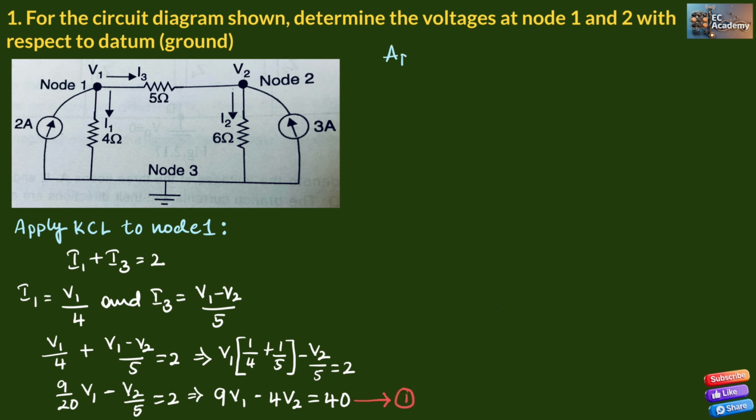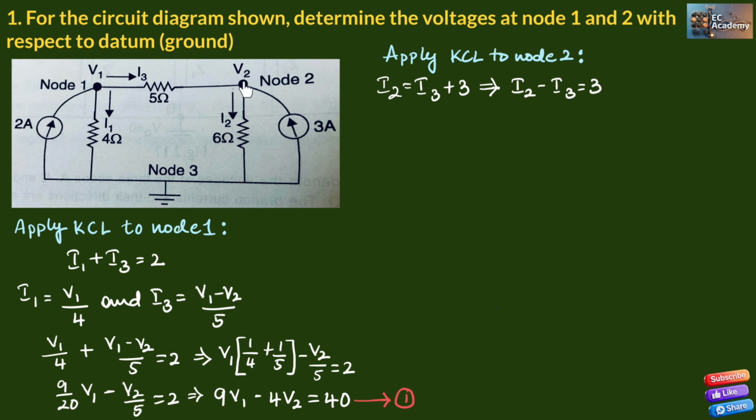Now let us apply KCL to node 2. At node 2, we can write I2 is equal to I3 plus 3 amperes. So, from this, we can write the equation I2 minus I3 is equal to 3.